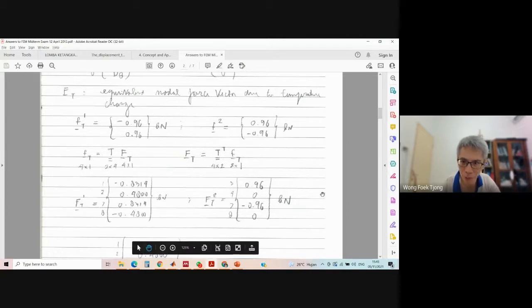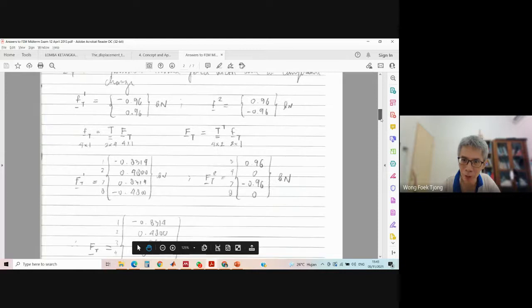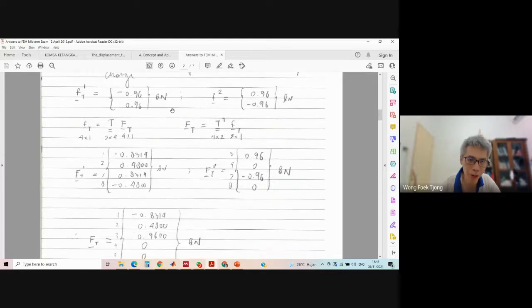We transform from 2 by 2, in the local coordinates we have 2 by 2. Why? Because we use the local coordinate system, it means only one direction, along the bar, along the member. And then we transform to global, X and Y, right? So we have 2 components for each node, so it becomes 4, okay?